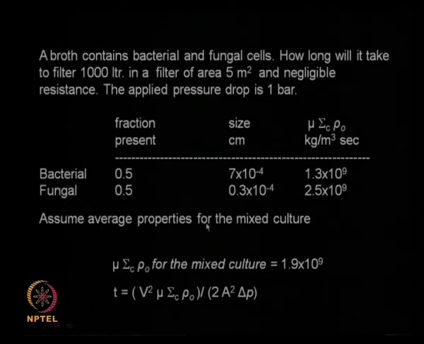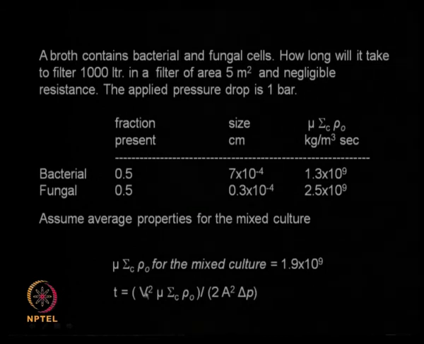Now the problem states that we can consider average properties, that means we can take the ratios to be directly proportional to each other. Okay. So that means if you want to calculate the mu sigma c rho naught for this combined system, we can assume an average of 1.3 into 10 power 9 and 2.5 into 10 power 9. So that is what it says, we can assume average properties. So the problem becomes very simple.